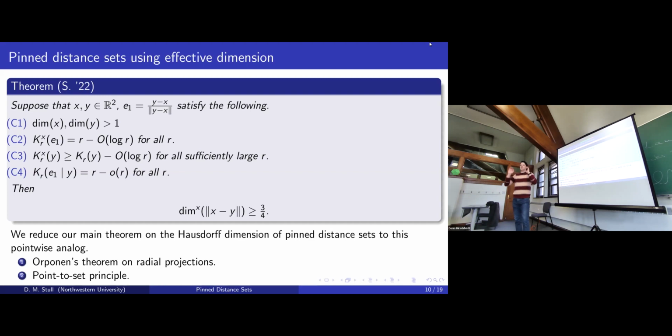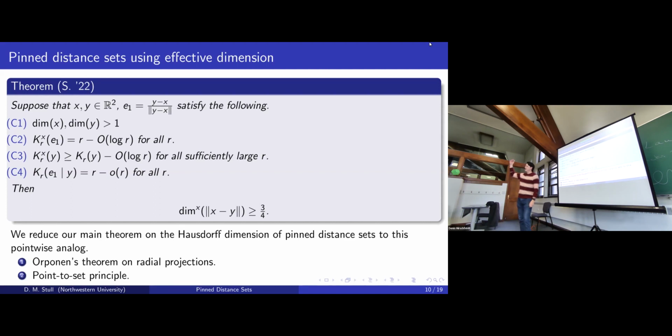But you want to think of this as just x, y, and the direction e don't contain any information about each other. They're independent. Are you able to get these points in your analytic set? Yeah, that's very surprising. And the way you do that is through a classical theorem by Orponen, which tells you how many points.